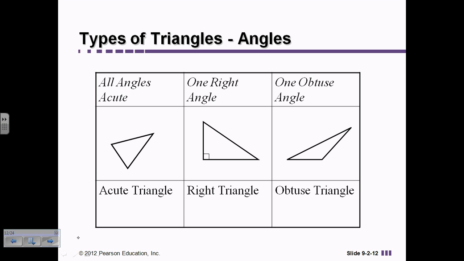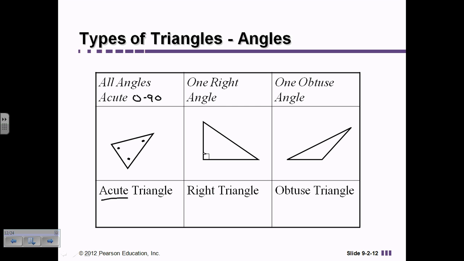So then we have some angles, some triangle information. If I have a triangle where all of the angles are acute, remember acute we talked about is an angle that's between 0 and 90 degrees. So all of these angles inside this triangle are less than 90 degrees. So this is called an acute triangle.